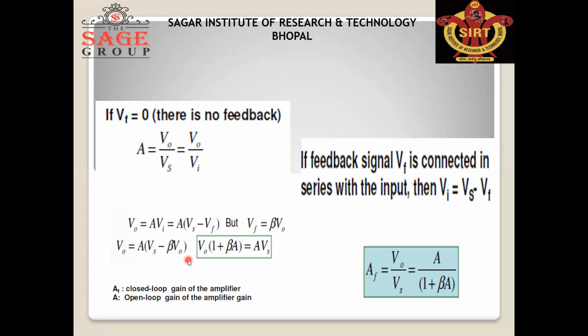Rearranging this equation, we get V naught times 1 plus A beta is equal to A Vs.